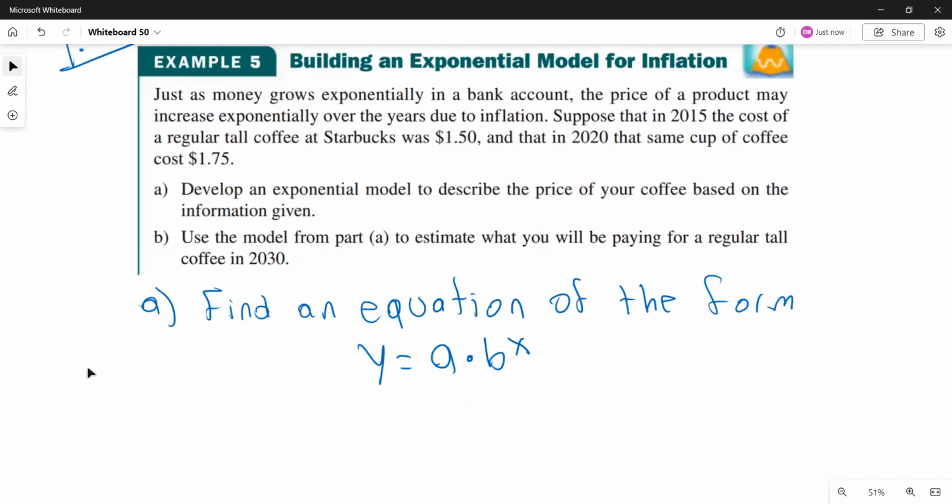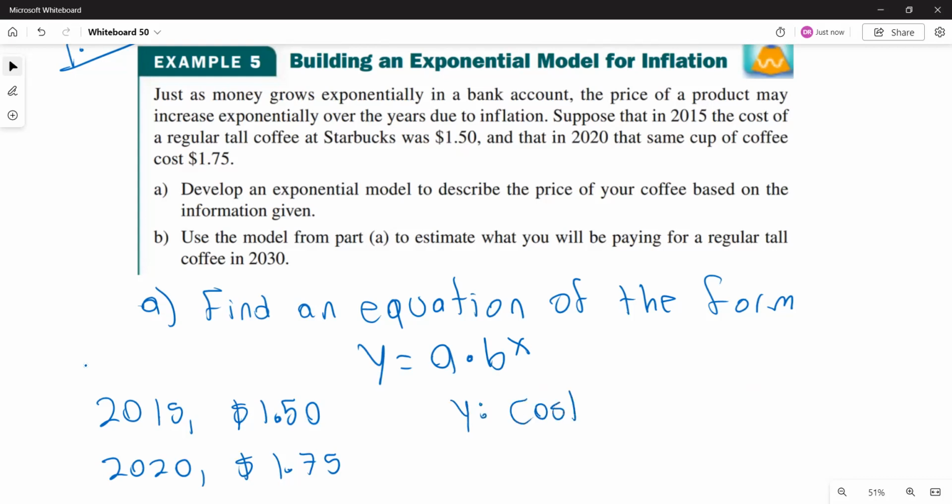Okay, so we know two things, that in 2015, the cost was $1.50, and that in 2020, the cost was $1.75. So y is going to represent the cost, and x the years after 2015.